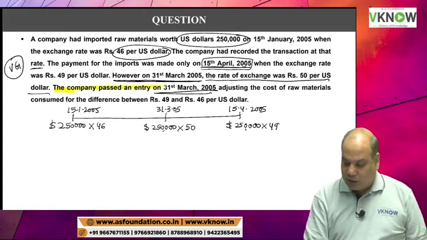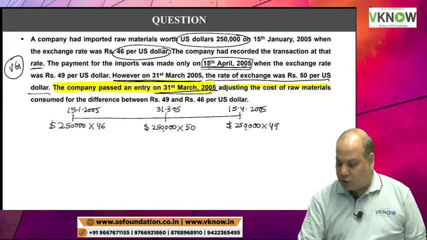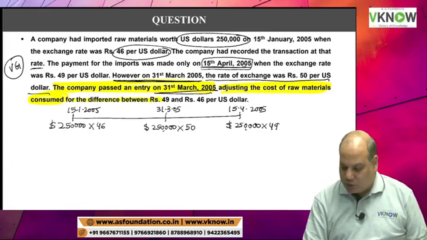The company passed an entry on 31st March 2005 adjusting the cost of raw material consumed for the difference between 49 and 46 per dollar.